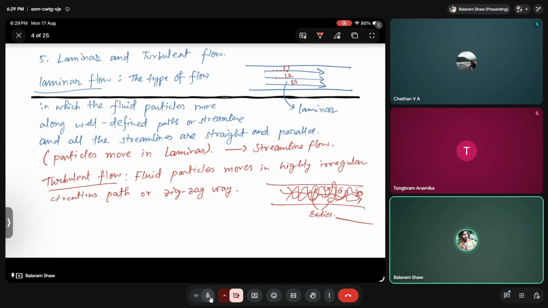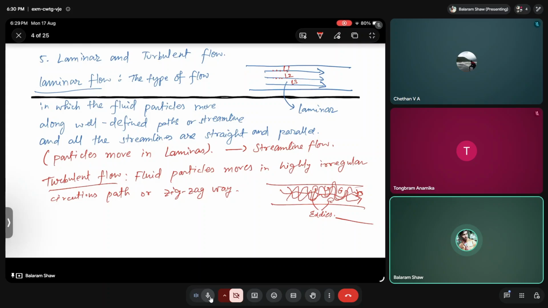Now if you want to measure the type of flow, whether it is laminar flow or turbulent flow, generally there is one more type between these.